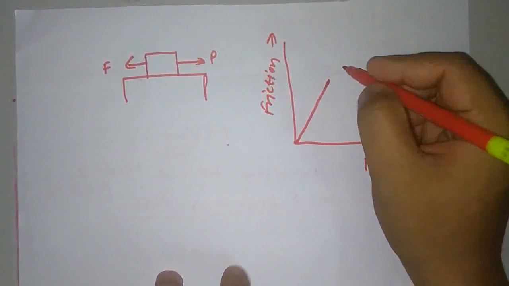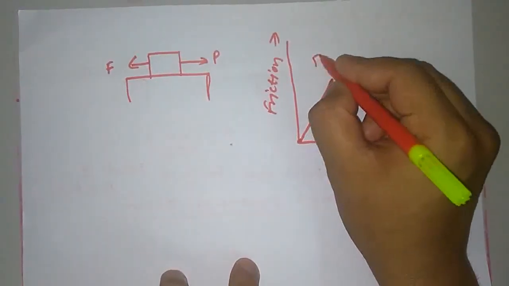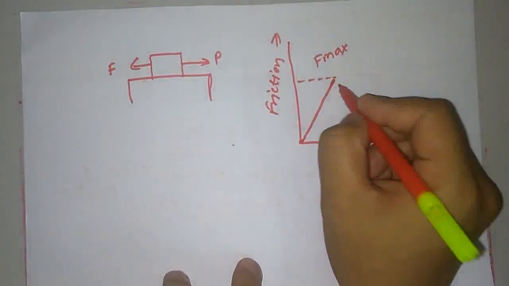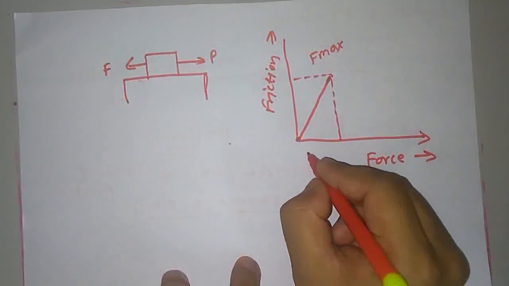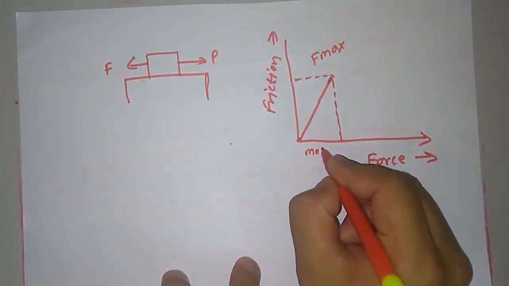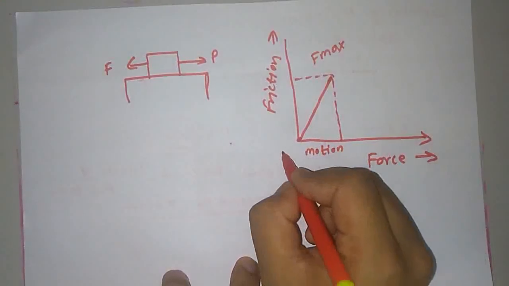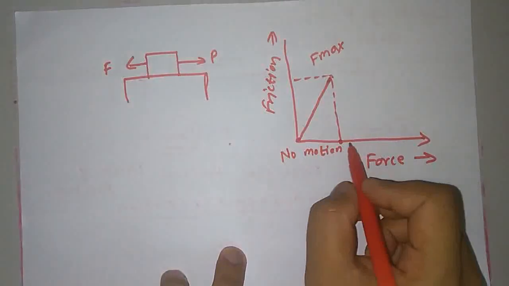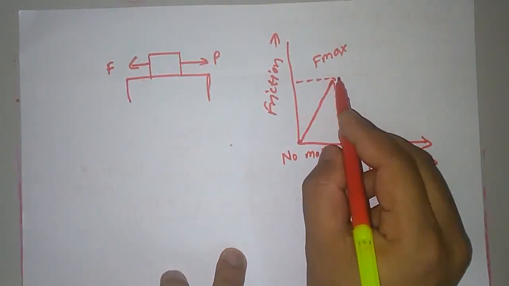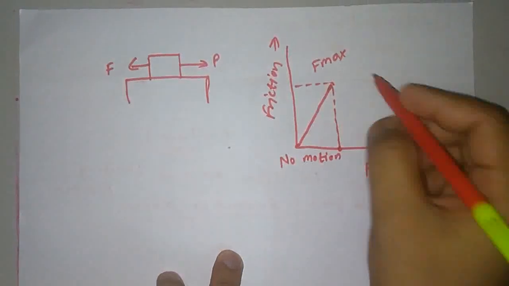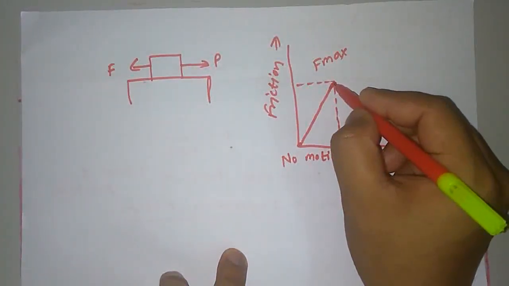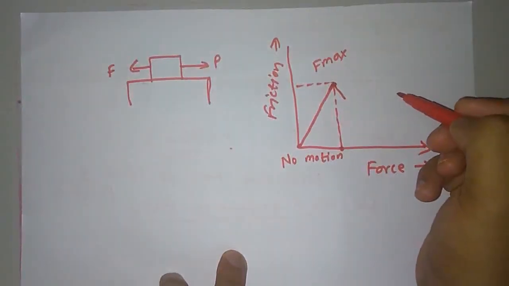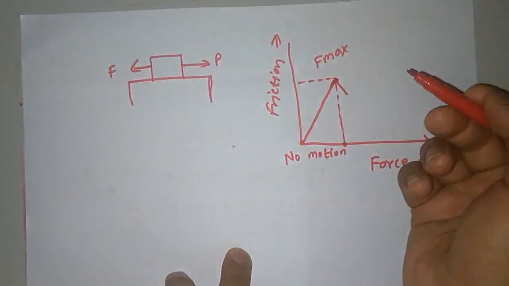But as we have seen, there is a limit to the frictional force, and that limit is known as F max. So here is the limit. Up to this limit, the block will not move, that is, no motion up to this force. But if you cross this limit of F max, the body will start to move. At that point the frictional force suddenly drops to some value, and the body starts to move.